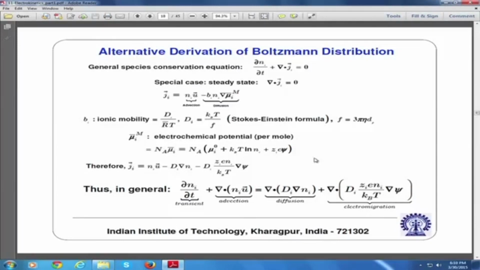Now what is this Bi? Bi is called the ionic mobility. It is diffusivity by RT, that is the definition of ionic mobility. And Di is equal to kBT by F.